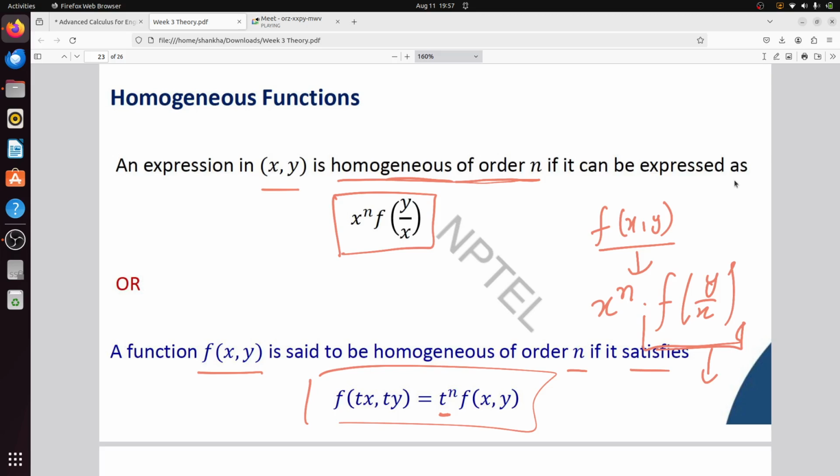Because f of tx, ty will be sine of t square into x square plus y square. Okay. Any other example of homogeneous function?